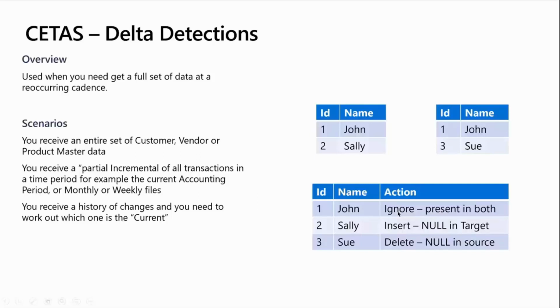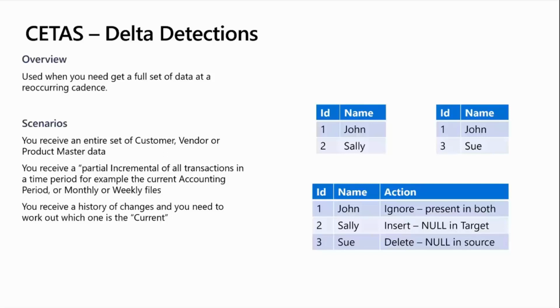If the row is present in both but the non-primary keys have changed, then that's an update. If the row exists in today's file, but it didn't exist in the current data set, then I know that's an insert. And if the record's not in today's file, but is in the source file, then I know that record was deleted, and so I can remove it.